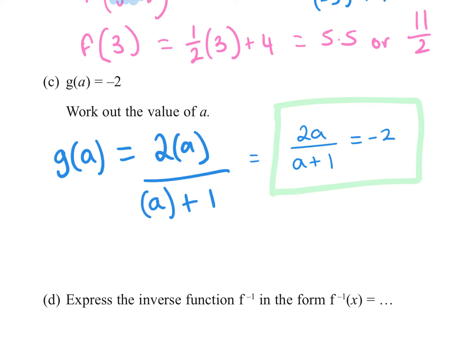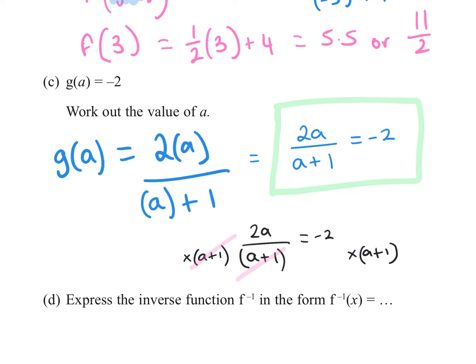So here we go. If we have 2a over a plus 1 equals negative 2, how do I start this? I'm going to multiply both sides by the denominator, which is a plus 1. The reason I do this, as you'll see in a previous video that I've done, is because this is going to cancel it out.